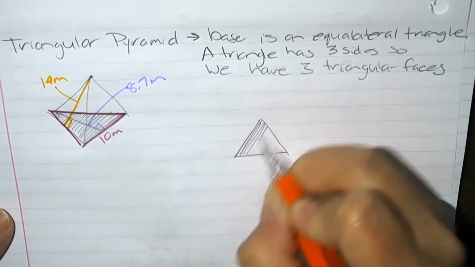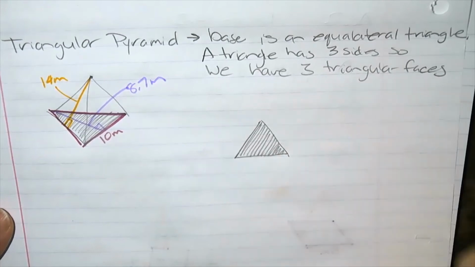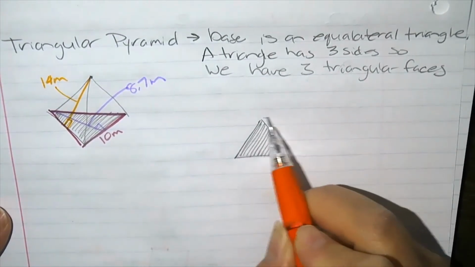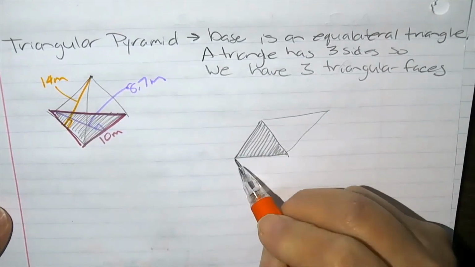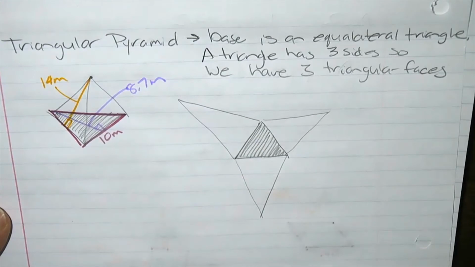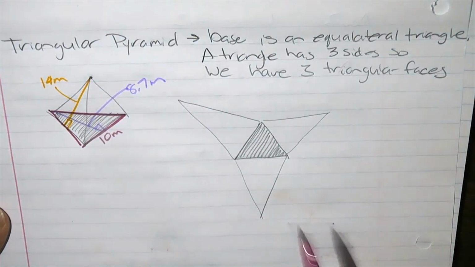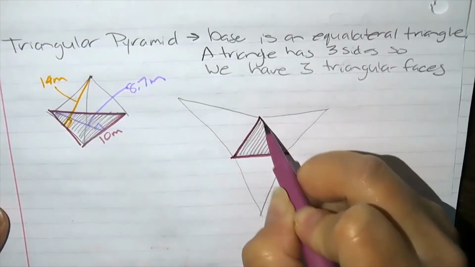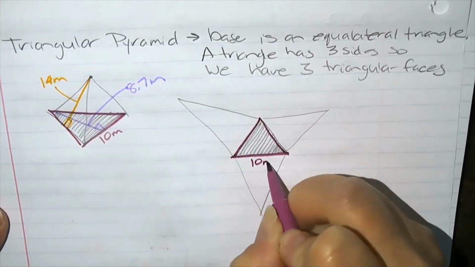So here's my triangular base. It's an equilateral triangle. The triangle has three sides, so I have three triangular faces. Now the length of each side of the base is 10 meters.